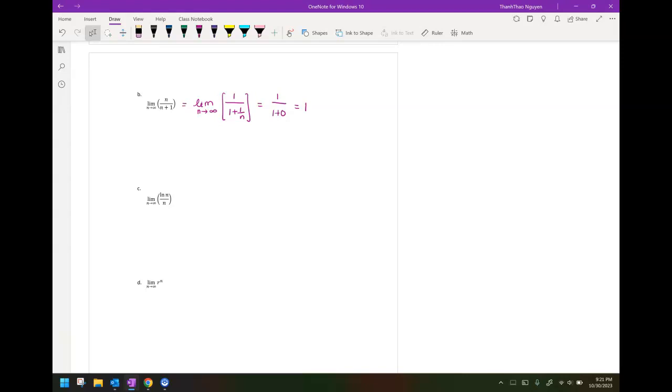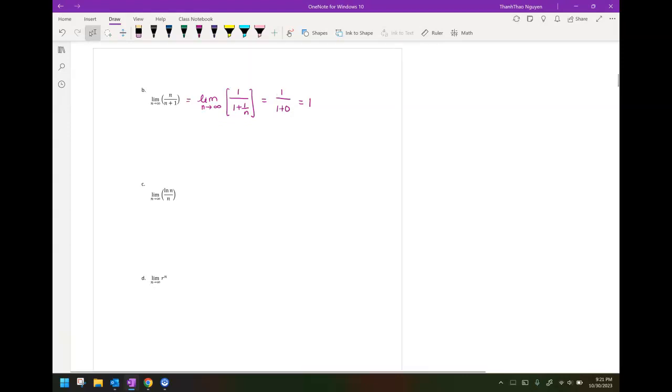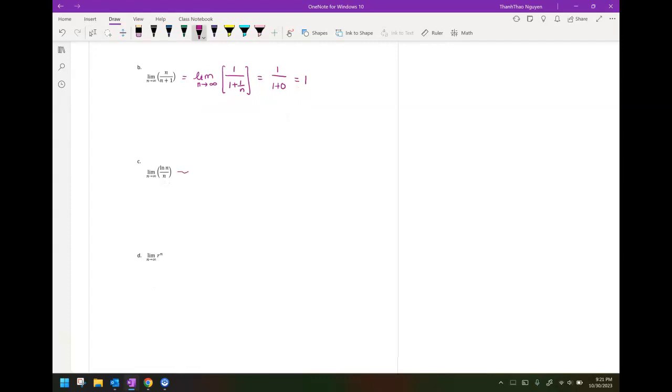Okay, so note that here as n approaches infinity, ln of n approaches infinity, and n also goes to infinity. In this case, I can use L'Hospital's rule.